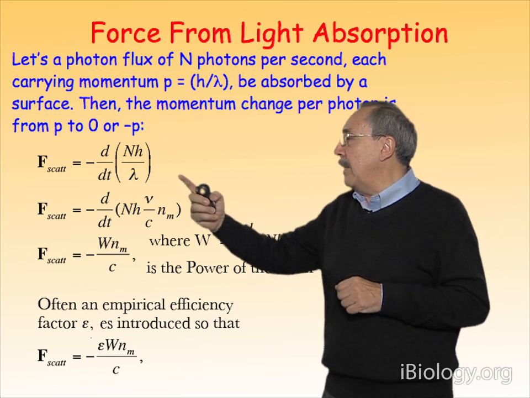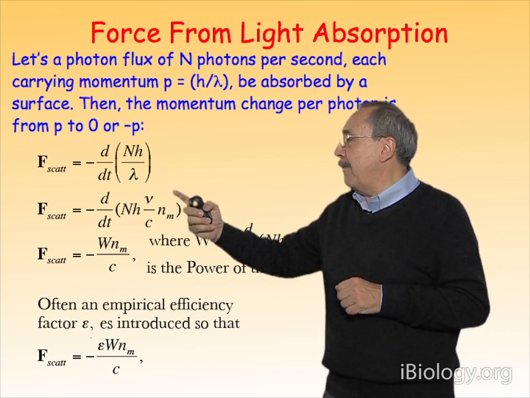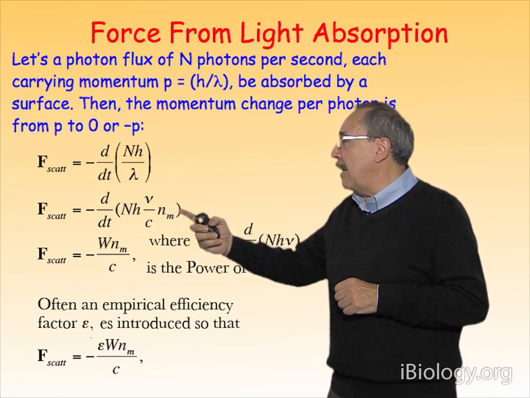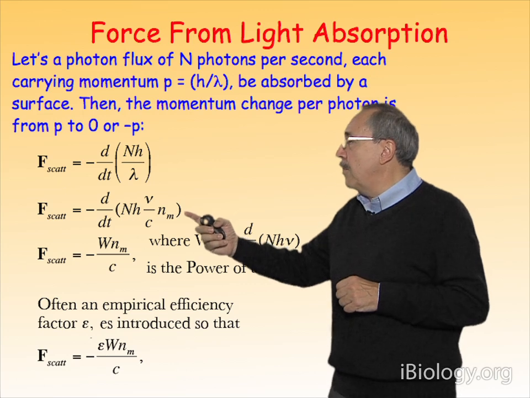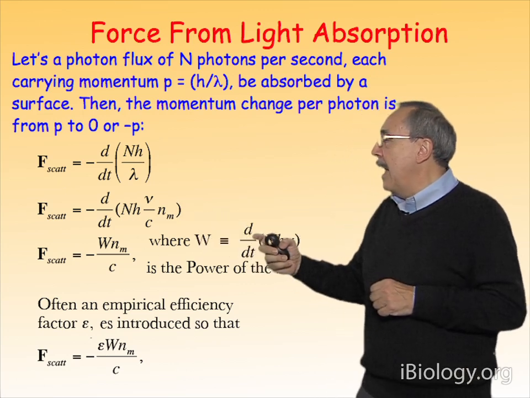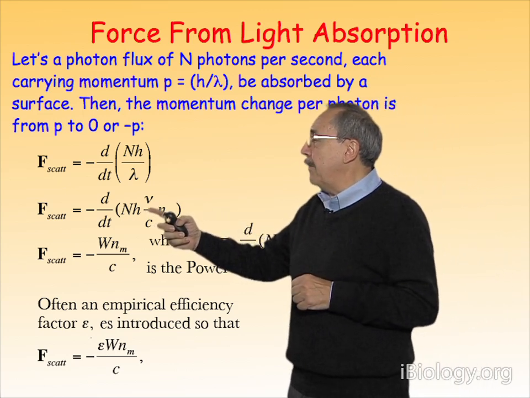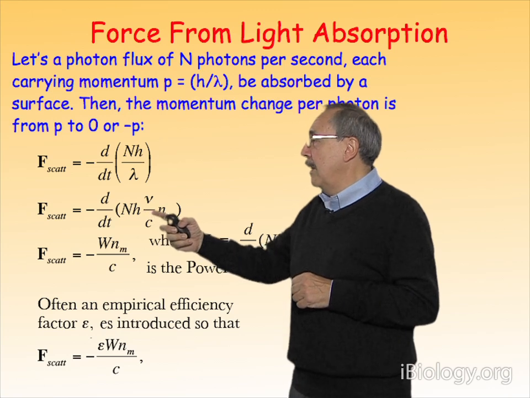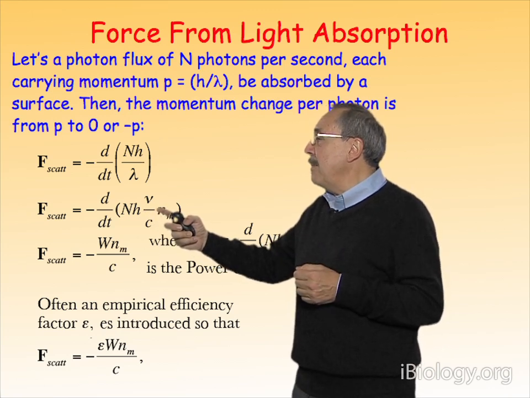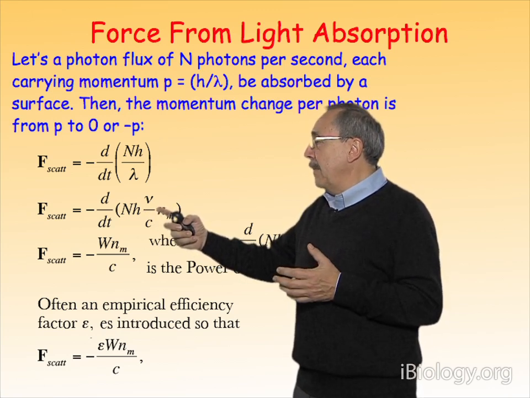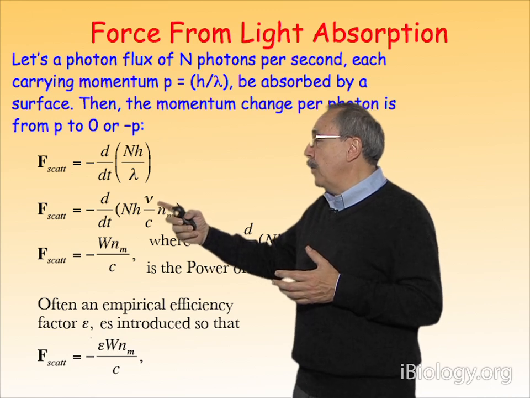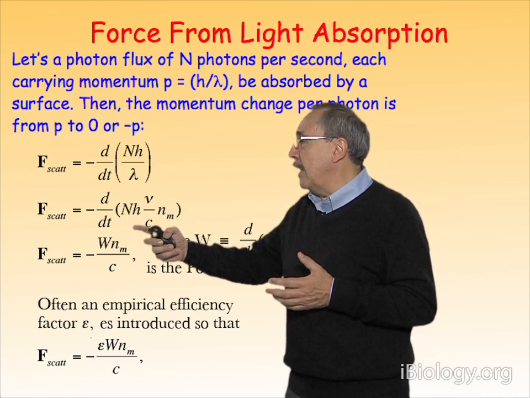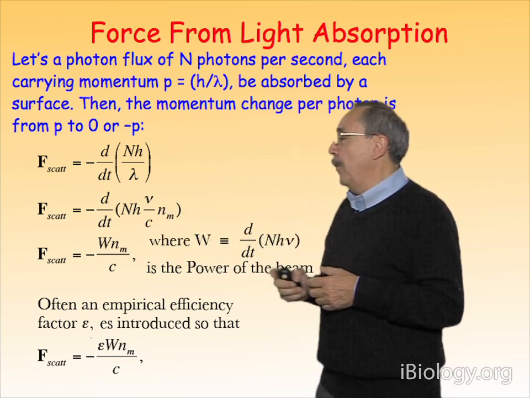And of course we can write the wavelength of light as the speed of light divided by the frequency times the index of refraction of the medium. So we have this expression, and if you look carefully, you have n, number of photons per unit time, times h nu, which is the energy of each photon, so that turns out to be the power, W, of the beam.